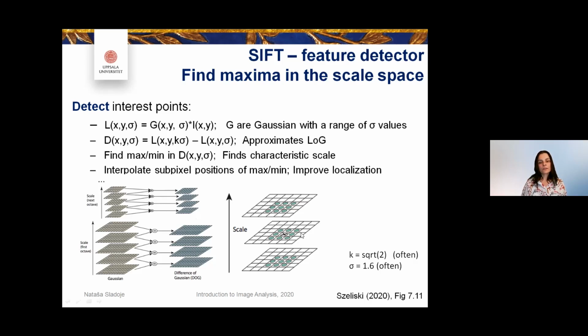Finally, we commented very briefly, but now we may recall, that when we perform scale space analysis and do this smoothing, then by losing the level of detail we are also losing exact localization of the points.